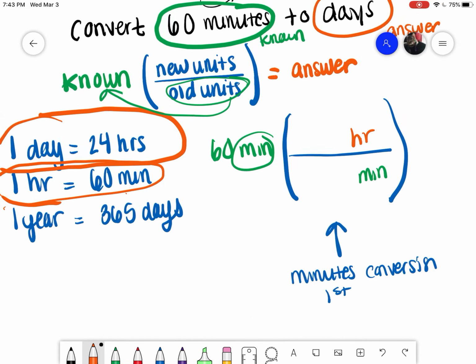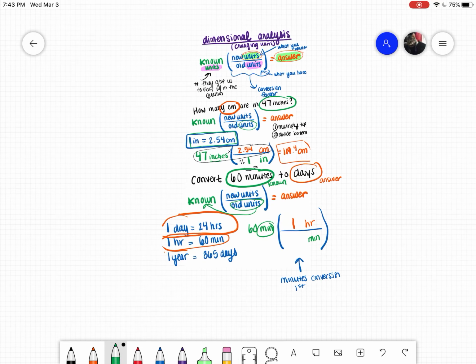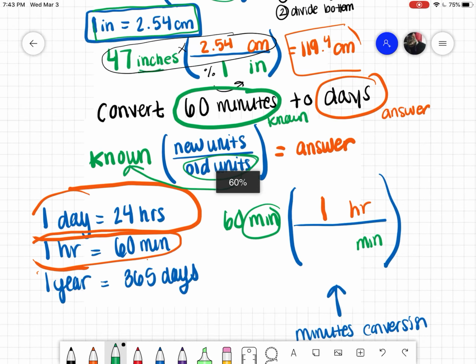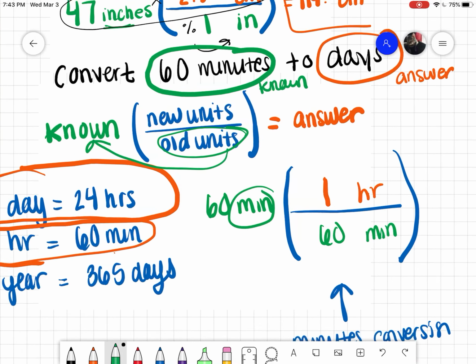Hours. And then now we just have to put the numbers that were with them in the equation. So there was a 1 in that conversion factor with the hour, and there was a 60 with the minutes.